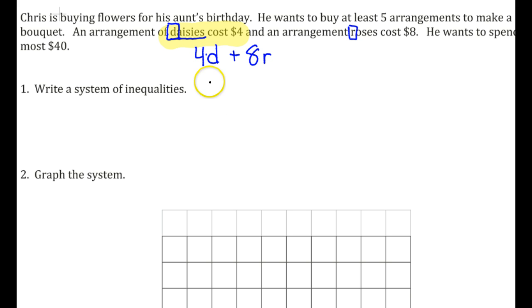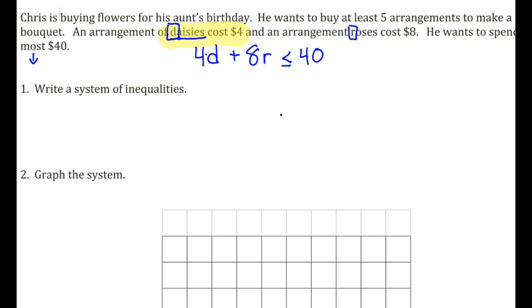We need to understand that. We've got to understand that if we want to spend at most $40, you have to understand the English language. At most means not more than or less than. So if you have $40, you can't spend 41. You can't spend 50. You only have $40. So mathematically, you have to spend less than or equal to $40.